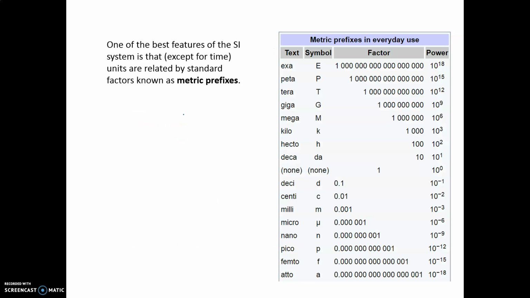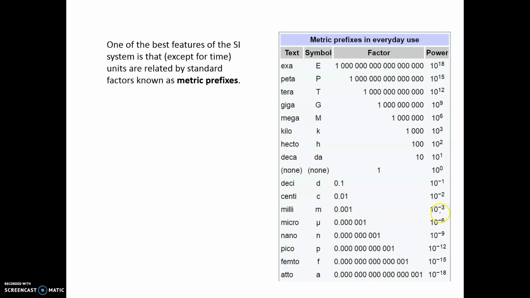For SI units, what makes it special is that in order to convert within the same dimension, you just move the decimal point to convert between the prefixes of the unit. For instance, if you have 1 meter and you want to change to centimeter, you just multiply by 10 to the power of negative 2.